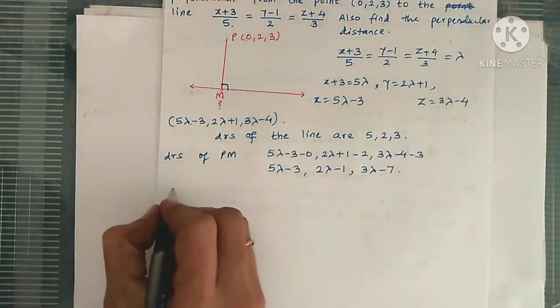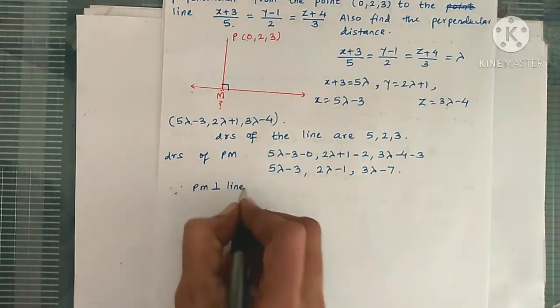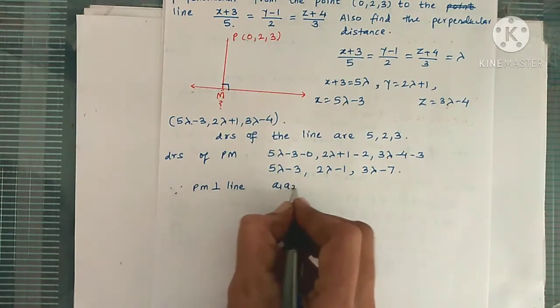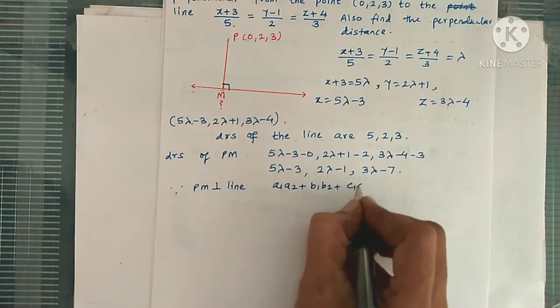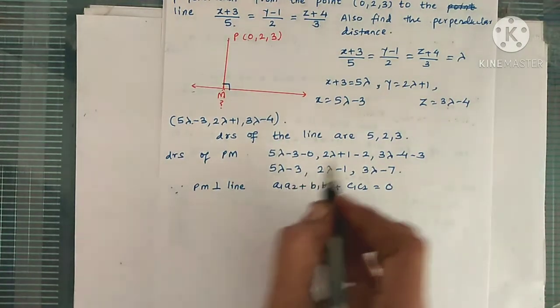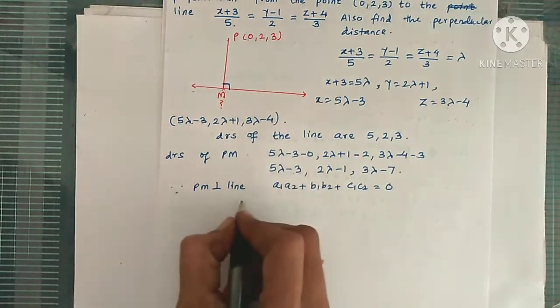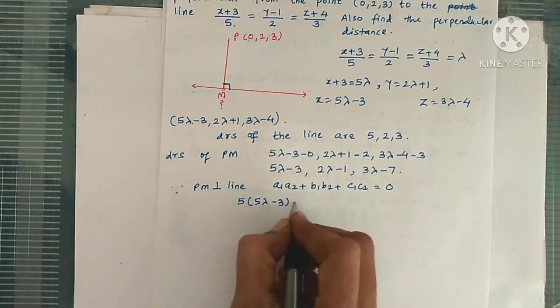So since PM is perpendicular to the line, A1 A2 + B1 B2 + C1 C2 equals 0. So we have 5 multiplied by (5 lambda - 3), multiply the corresponding terms, add them and equate it to 0.